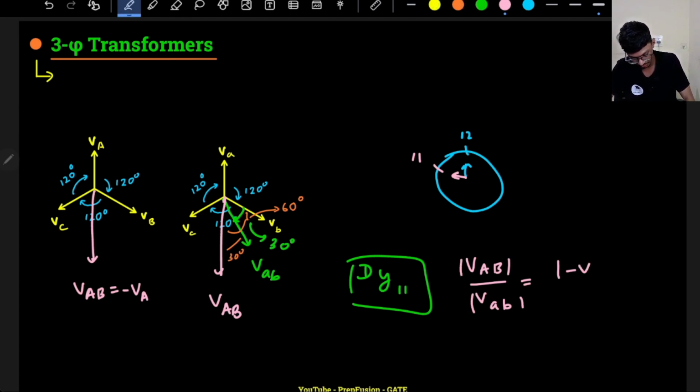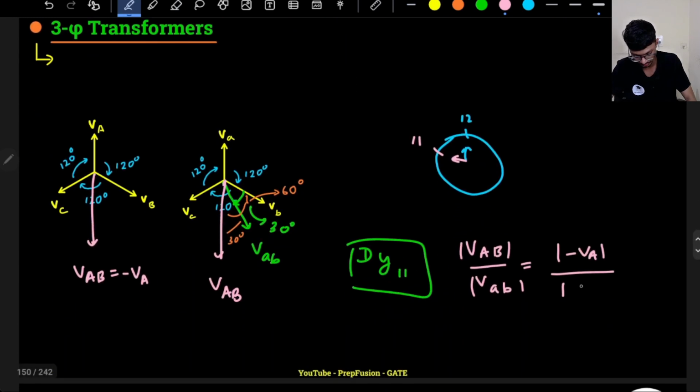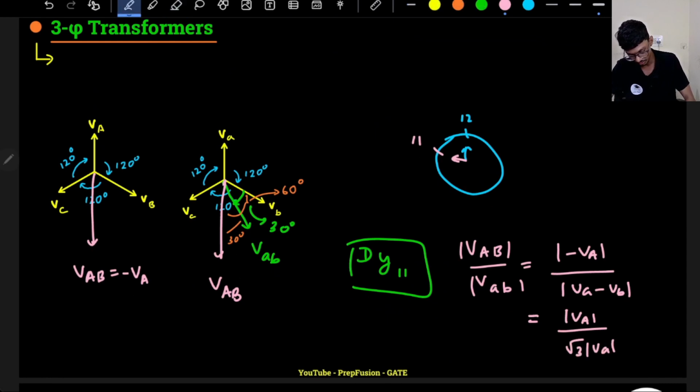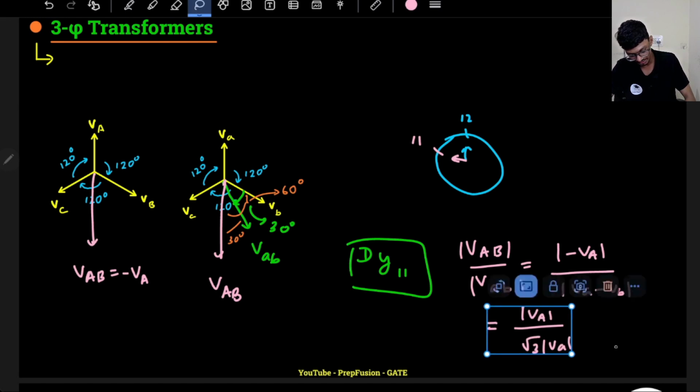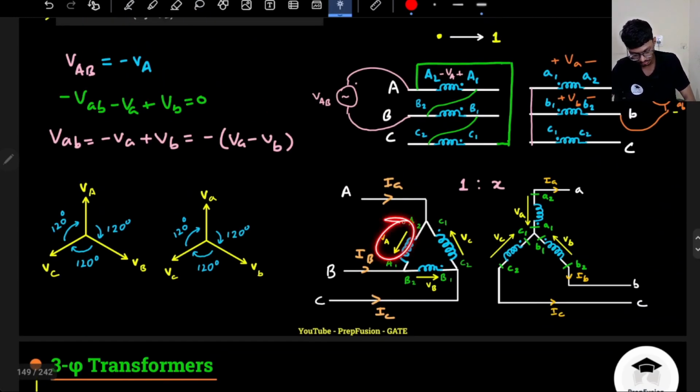So this is the magnitude of capital VAB divided by the magnitude of small VAB, where small VAB is VA minus VB. So basically it is magnitude of VA only divided by root 3 into small VA, because of line voltage and phase voltage. So what I can say is it is capital VA upon small VA.